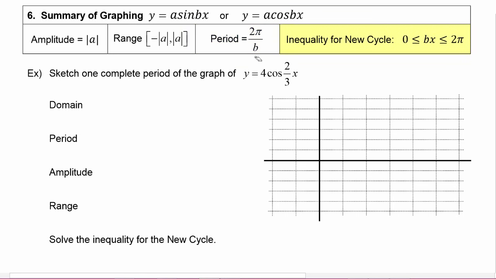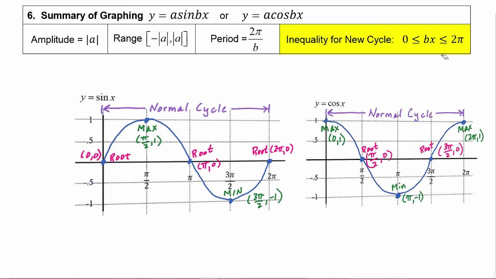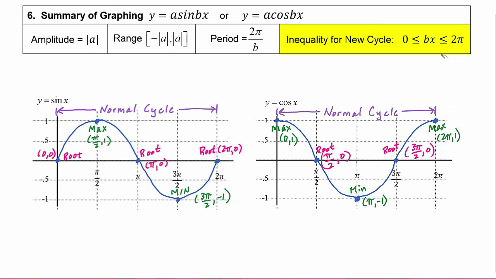and we can find what's called the inequality for the new cycle of the graph by solving this inequality. 0 is less than or equal to b times x, which is less than or equal to 2 pi. And where this comes from is the fact that a normal cycle for sine and cosine goes from 0 to 2 pi.